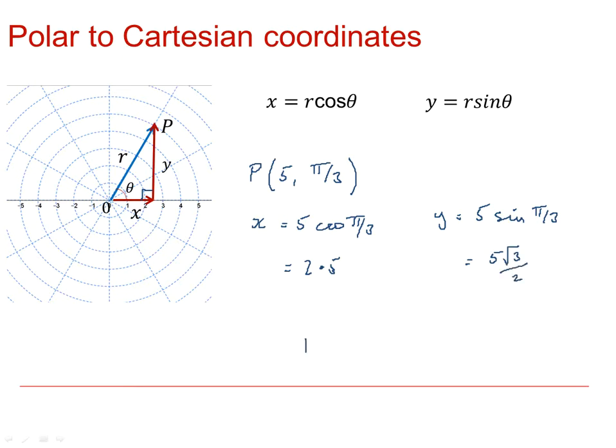Therefore, P has its Cartesian coordinates 2.5 and 5 root 3 over 2.